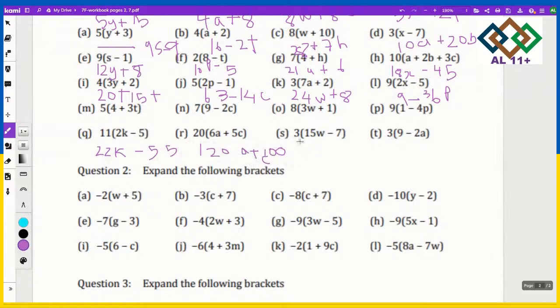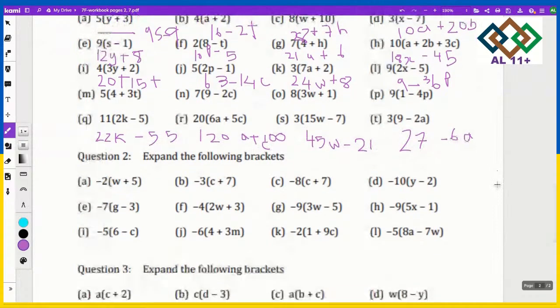Then you have S, that is 45W minus 21. Then you have T, that's 27 minus 6A. We are done with the first section.